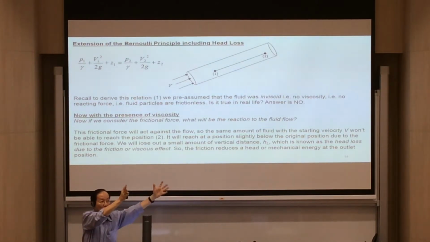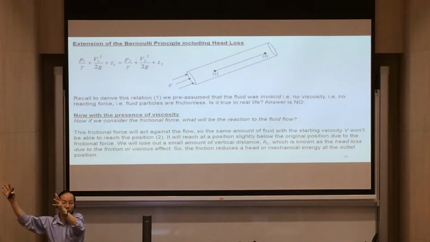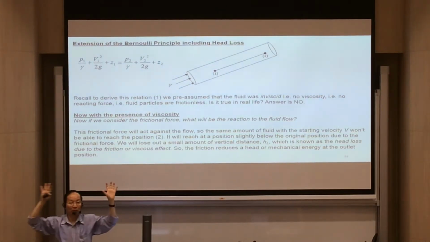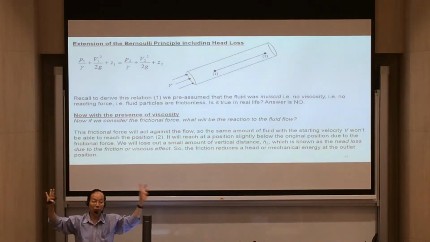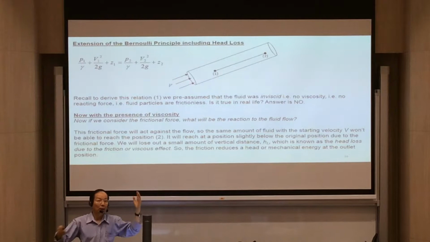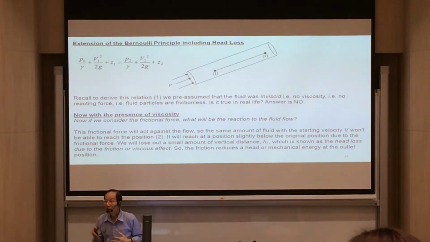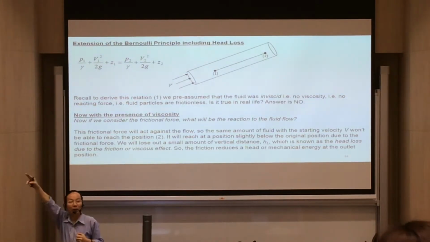All the subscript 1 terms on the left-hand side, and subscript 2 on the right. Is it the same? Does the Bernoulli equation remain the same, three terms on the left, three terms on the right? It won't be. Because imagine you have so much energy at the bottom of the hill, you carry your backpack and climb the slope to the hilltop.